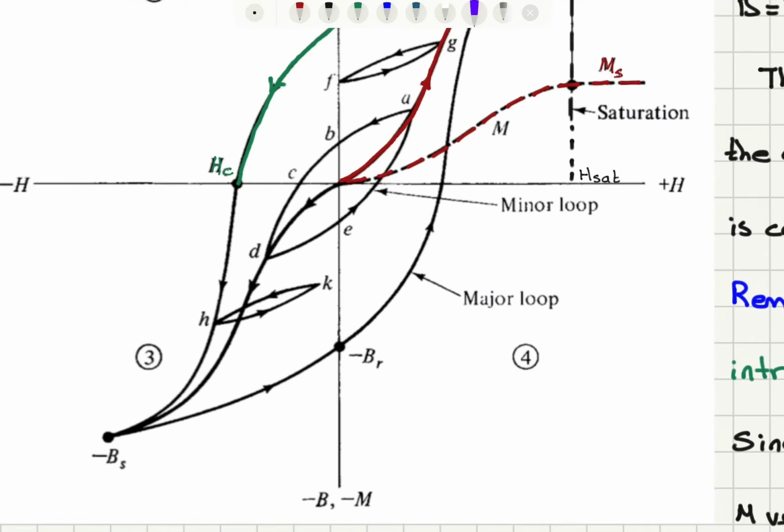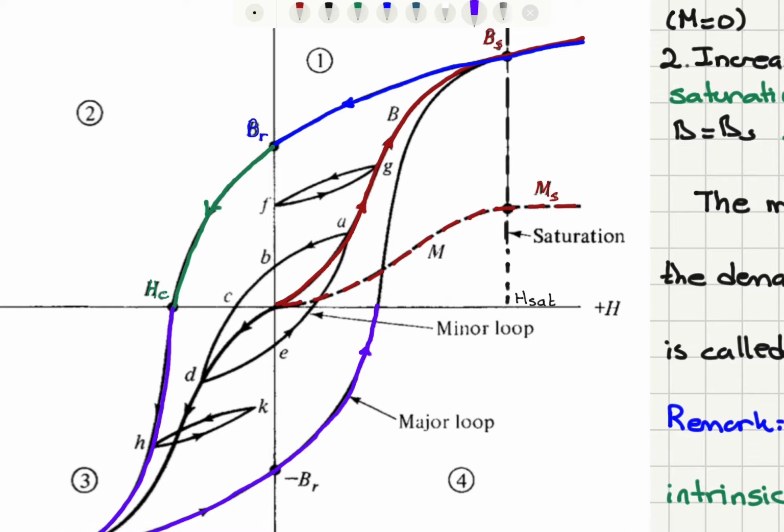So you can see here, if you follow this, I go to negative saturation, minus Bs, and then I'm going to go back to 0, and then to positive saturation.